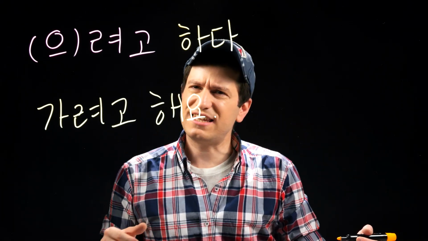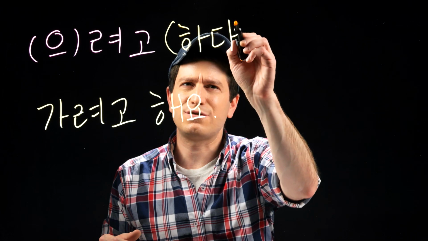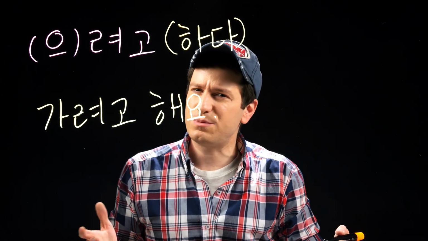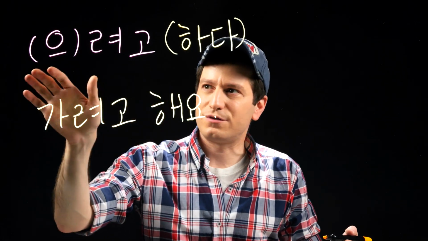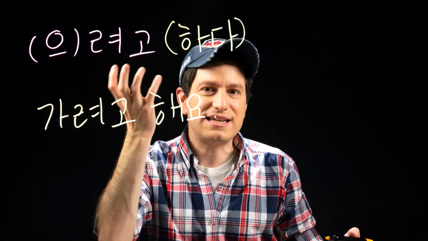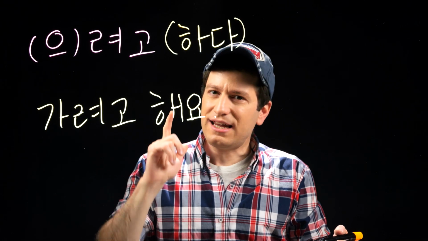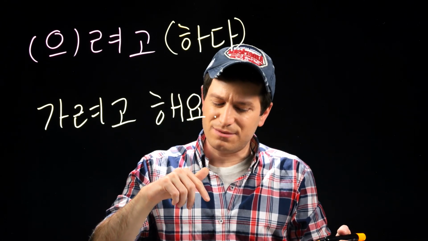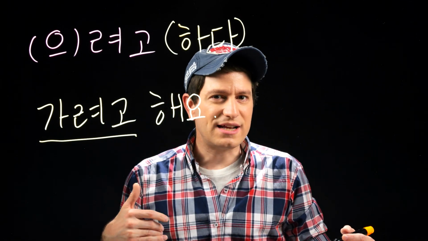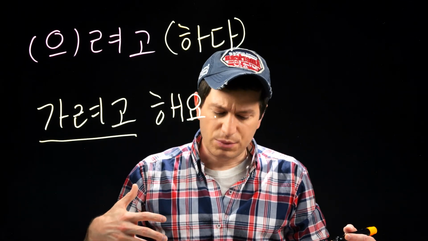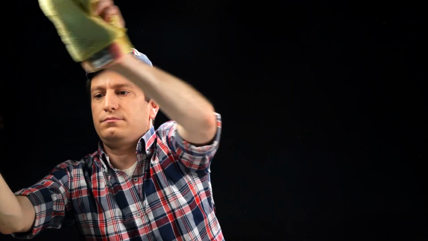But there's actually nothing saying that you have to end this form with 하다 or any specific verb at all. And that's because this form itself, 려고, already means intending, and it can also be used that way to mean in order to. So if you think of it that way, 가려고 doesn't just translate as intending to go, but also in order to go.